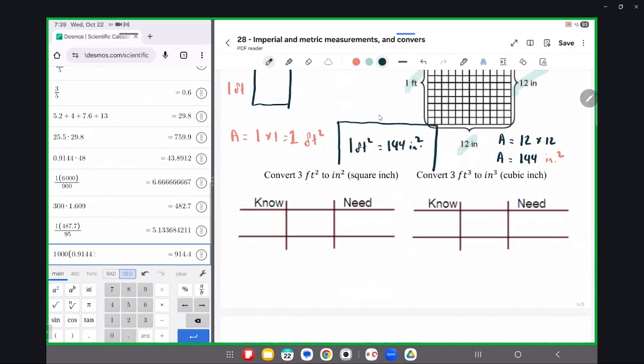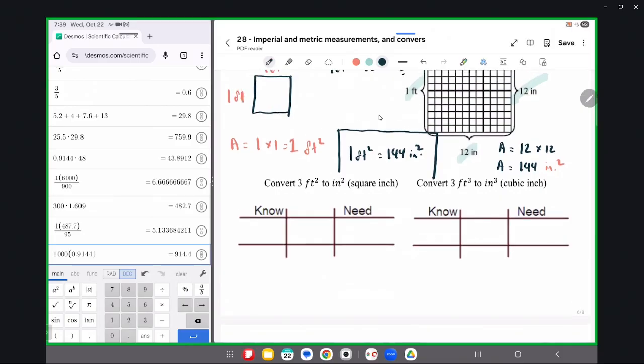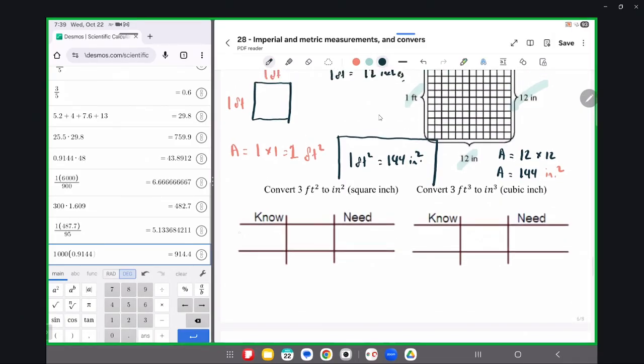And we're going to see what that looks like. If I want to convert 3 square feet to square inches using this notation, I know that 1 square foot is equal to 144 square inches. And we're curious to know how many square inches is 3 square feet.